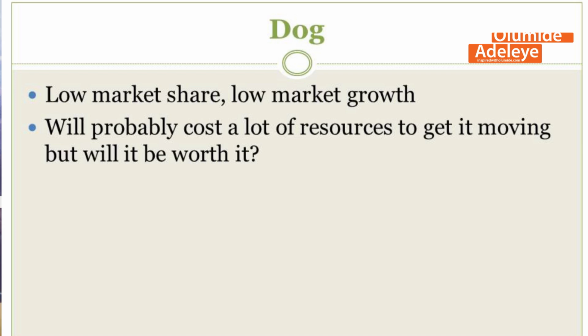So you're in a market that isn't really growing, and your product in that market does not have a high market share. It has a low relative market share. What it implies is that the product is more or less struggling to exist in that market, and that market in itself doesn't seem to have much potential.